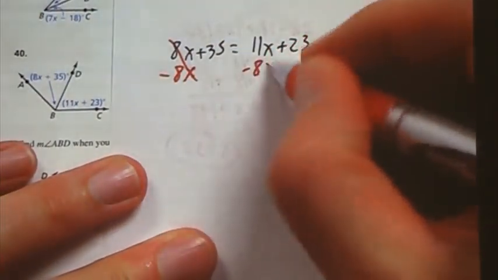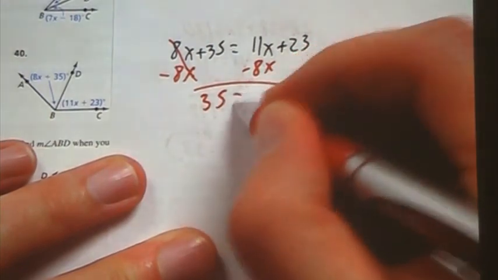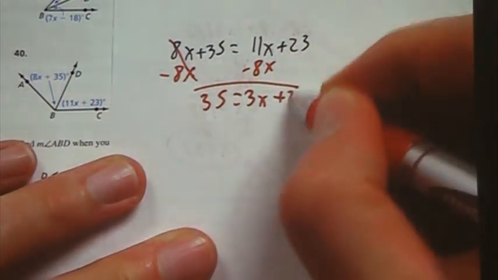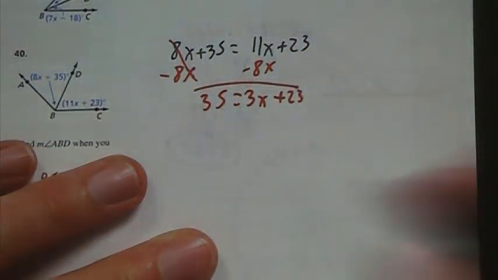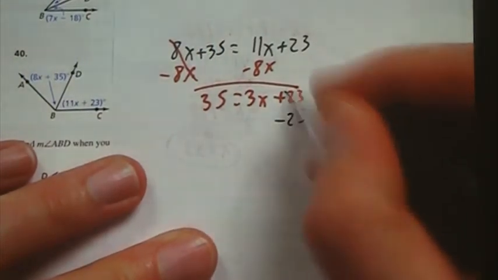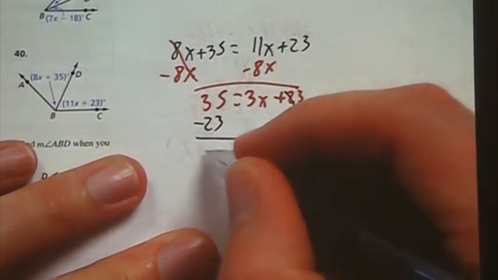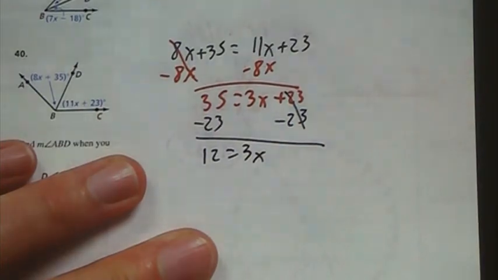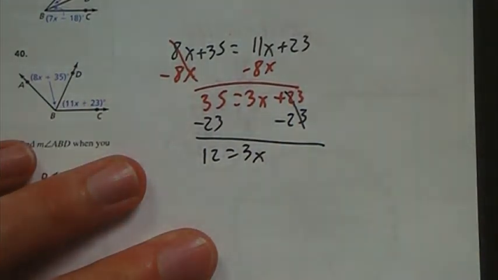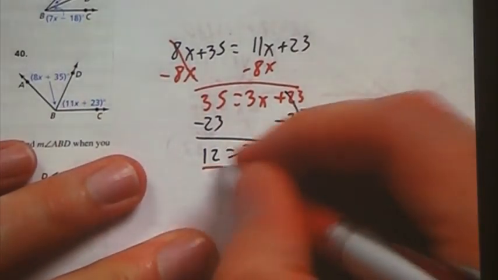I'm going to move the smaller one to the bigger side. And it's just a two-step equation from here. And we're going to just get that x all by itself.